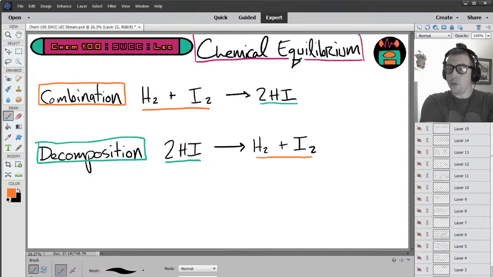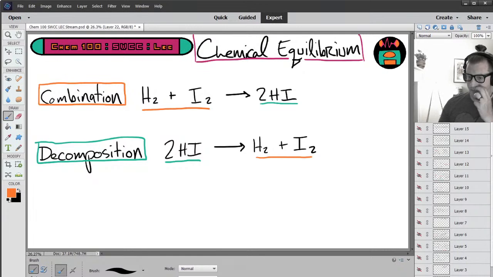And this may leave you wondering which one occurs. Does the first combination reaction happen, or is it the decomposition reaction that happens? Which one is the one that's real? And the answer to that question is they both are. They both occur.